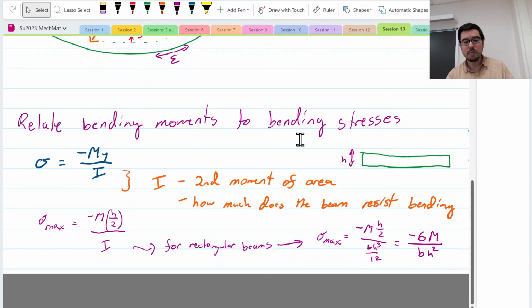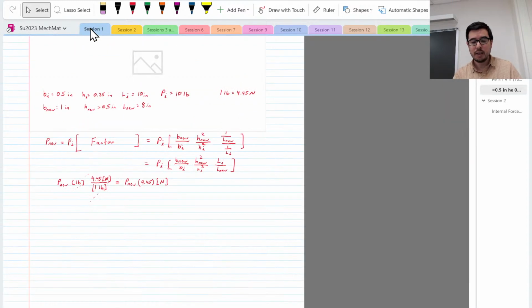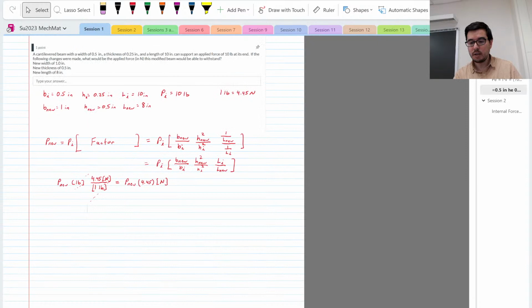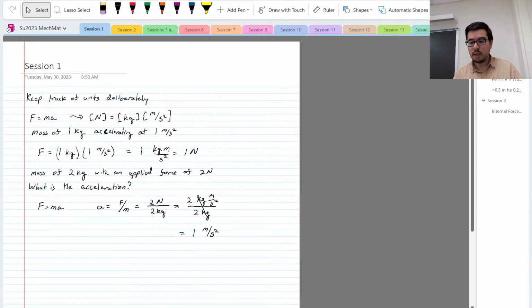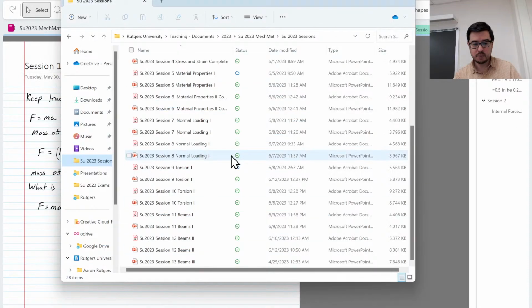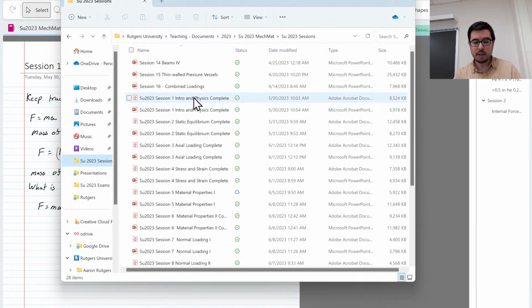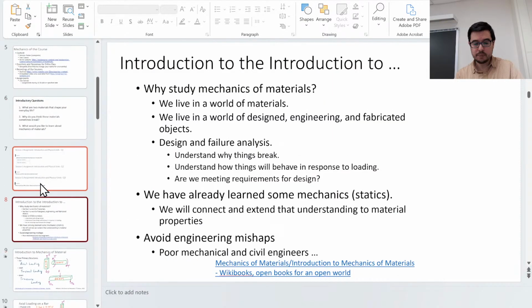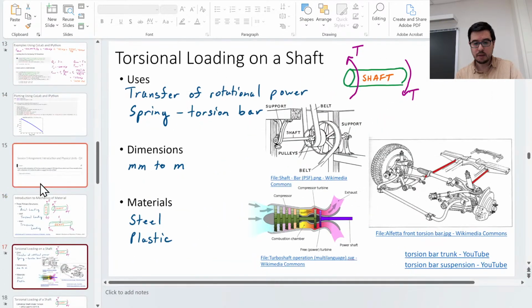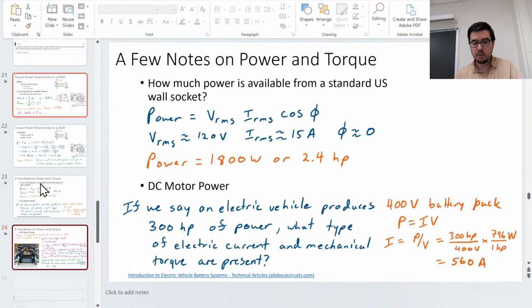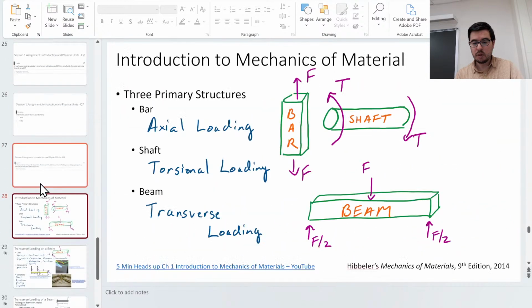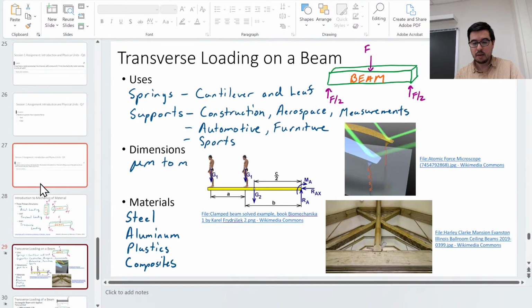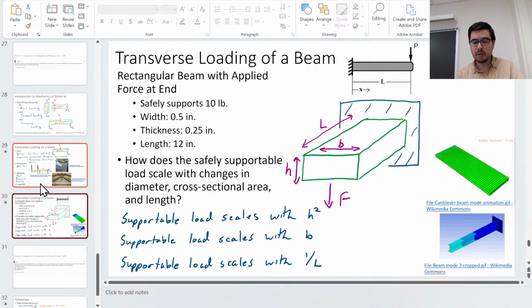Do we remember something way back in session 1 when we talked about scaling relationships? Way back in session 1, we talked about transverse loading on beams.